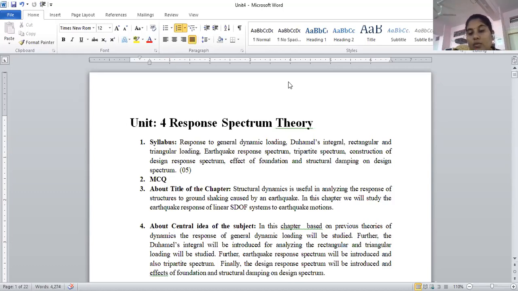And in this chapter we will study the earthquake response of linear SDOF system to earthquake motions.